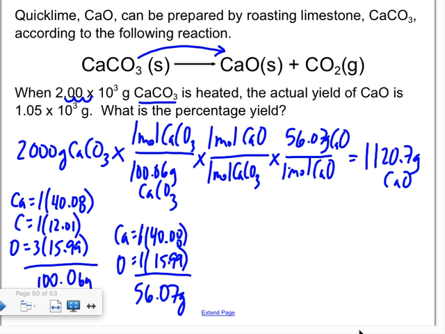So they're asking what's the percent yield. Remember what percent yield is? Actual divided by theoretical, times 100, right?